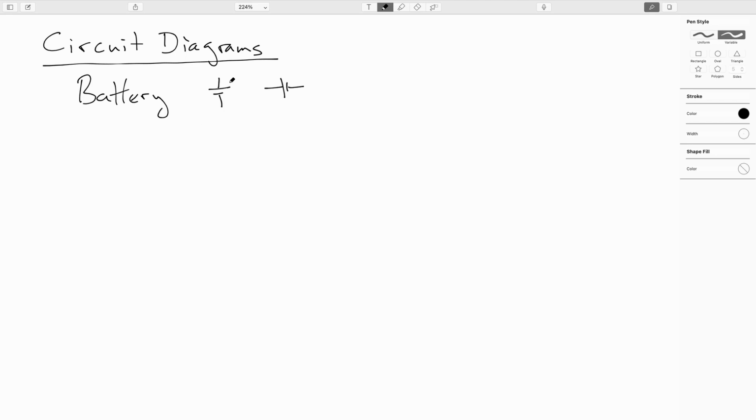In any event, the long dash here corresponds to the positive terminal of the battery, and the short dash here corresponds to the negative terminal. And I always just remember that by thinking that the short dash looks like a minus sign.